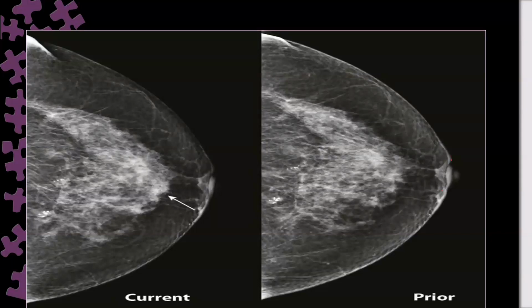When we see something new, what do we call a new opacity compared to the previous? Developing asymmetry. So we are dealing with a developing asymmetry. What is the next step if you have seen a developing asymmetry?